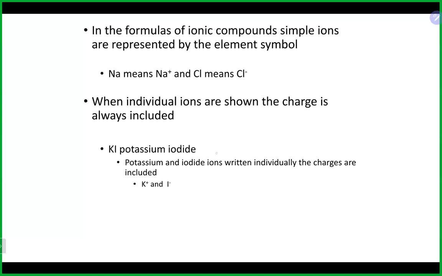All right, let's talk about this here. So once again, type 1: whole name of the metal, IDE on the non-metal. So when we see potassium iodide, which is KI, once again we take a look at this, and that is a metal. Iodine is a non-metal. So once again, when we always have this combination, that's going to be ionic.